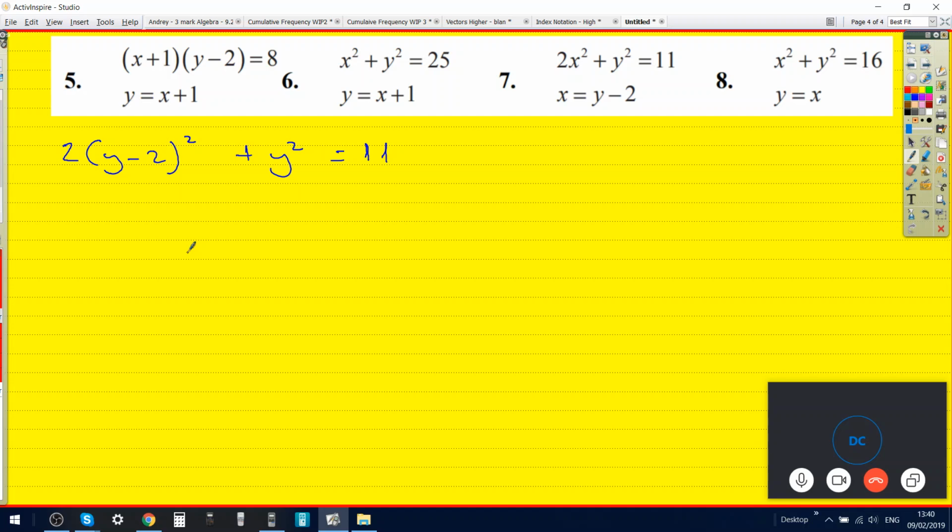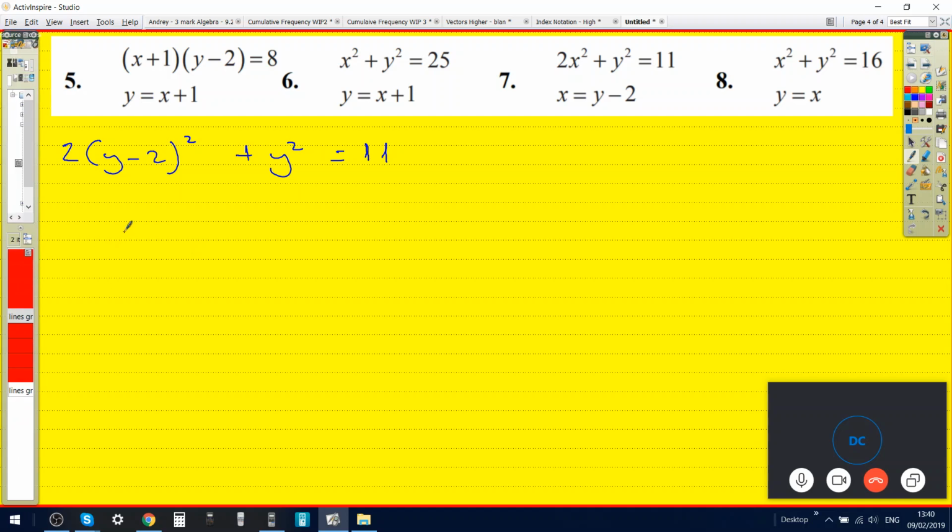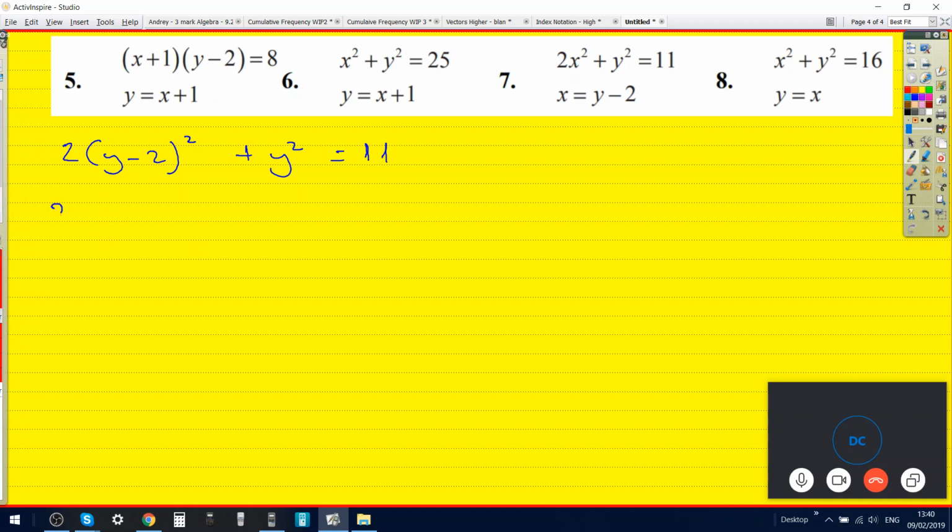You have to, because of the indices. So it would stay in brackets and become y squared plus 4. How do you expand a square bracket? You just multiply by itself, so y minus 2 times y minus 2. So what would you get there if you expanded those double brackets?